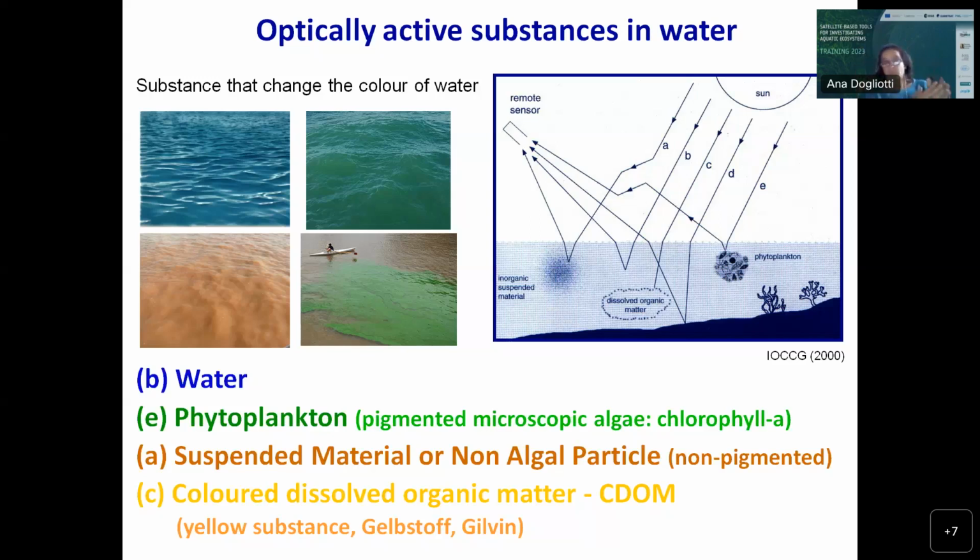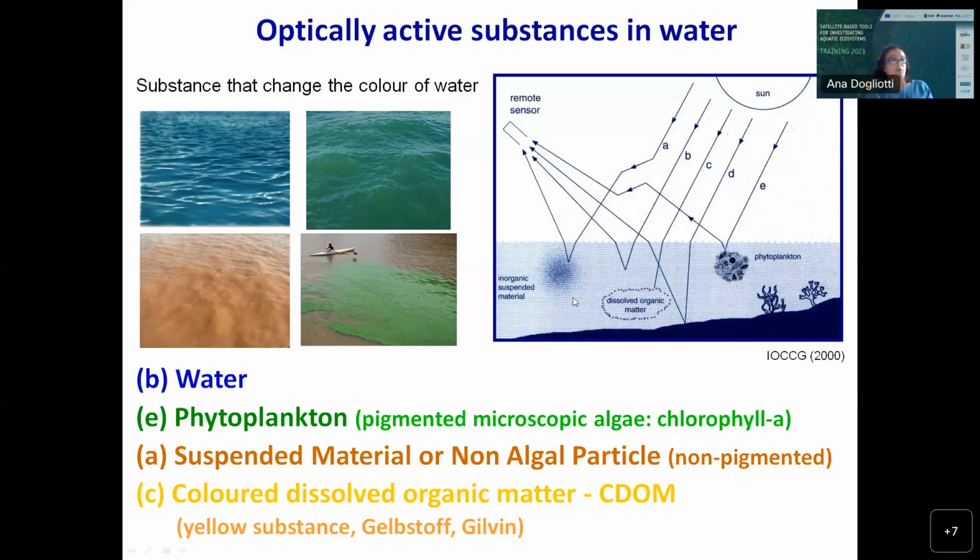One we call water, we have seen it. Here's a schematic view. The other part we call phytoplankton, which is pigmented microscopic algae, mainly having chlorophyll A, which is a pigment present in all the plants in land and water.